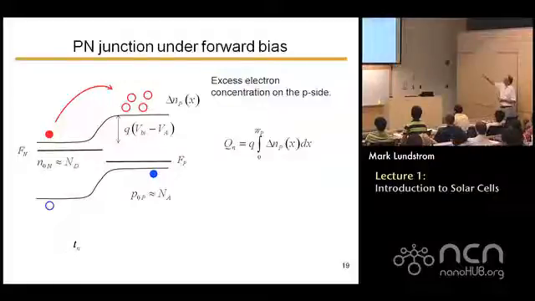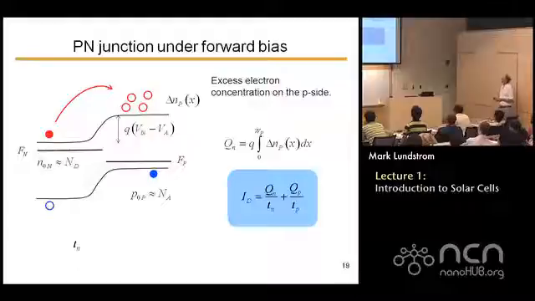And we're going to ask the question, what is the total concentration of excess electrons in the p region? So we would just integrate from the beginning of the p region to the end, that total concentration. And if I want to find how much current flows, current is charge divided by time.